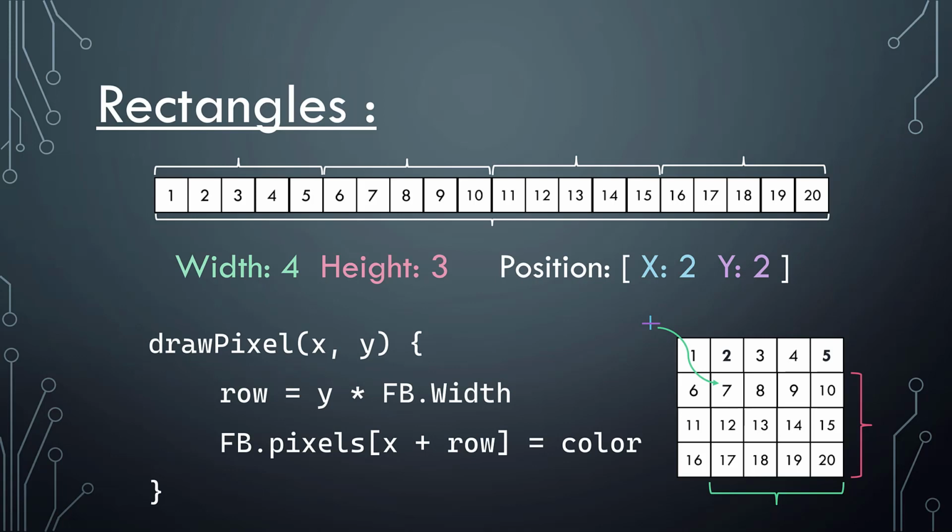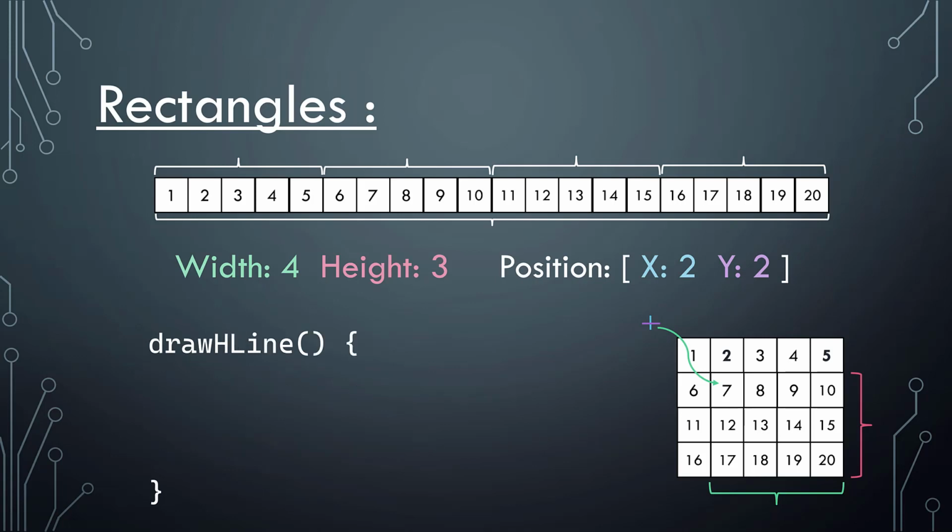As we saw in the frame buffer video, we have our pixels as a one-dimensional array, and we use the X value, and we add to it an offset, which is the number of columns in the frame buffer times the row number, and we just set the color. So we are assuming that we have such a procedure for the remainder of this presentation.